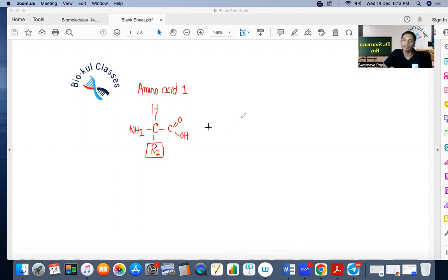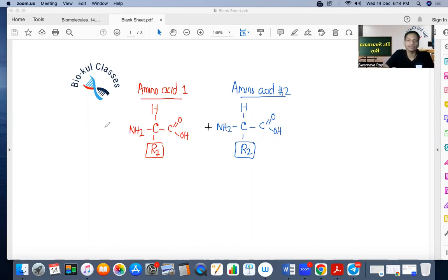This is joining with another amino acid, which has the carbon, H, COOH, NH2, and this is the R2. This is amino acid number 2, and this is amino acid number 1.